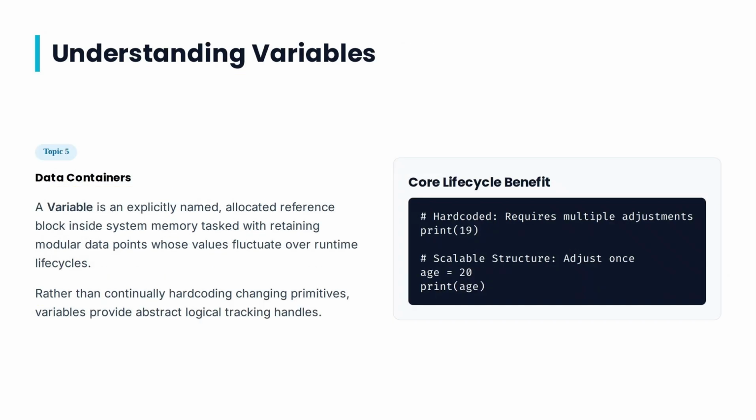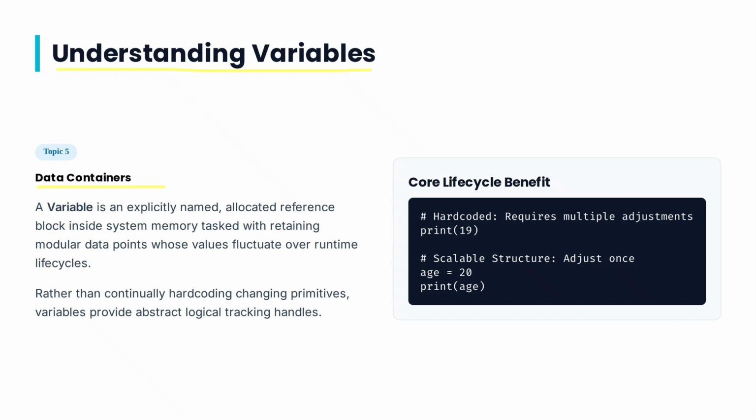Understanding variables. This is topic number 5, I think. Here we will be understanding variables, which are very important. The data containers. What are data containers? Variables, or data containers, are the spaces where we store a value, a string, or data.